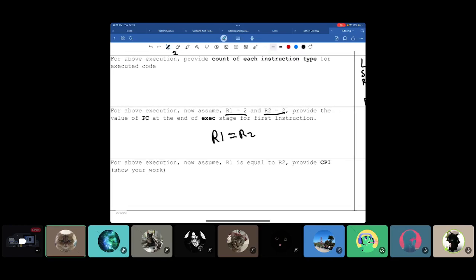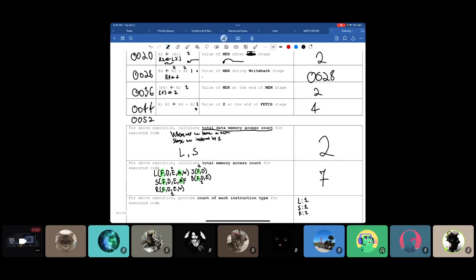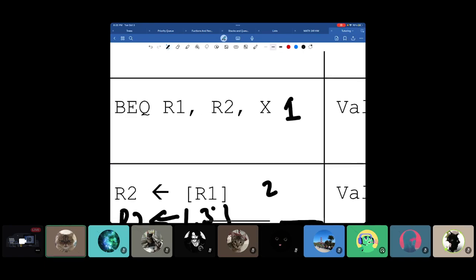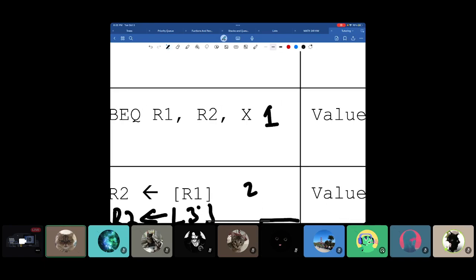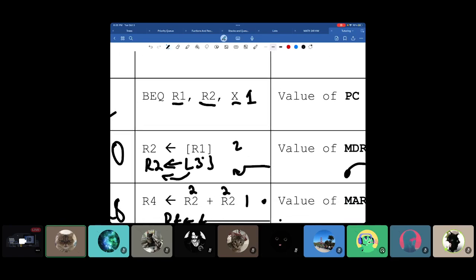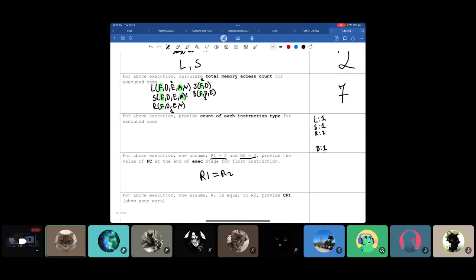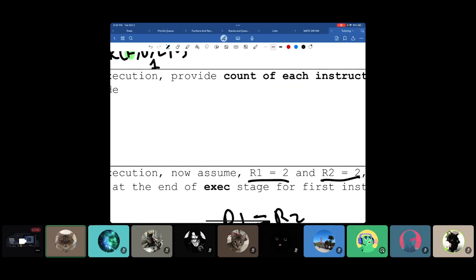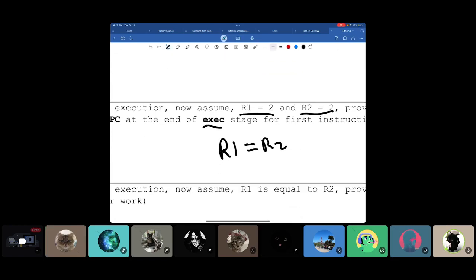And for the first instruction, it's saying we want to branch to label X if R1 and R2 are equal. And in this situation, they are equal, so we would have to branch to label X. So it's saying provide the value of PC at the end of the exec stage, right?